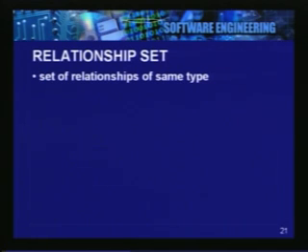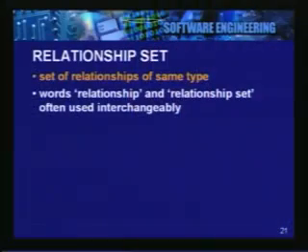Now we are talking about relationship and relationship set, and whenever we generally talk of relationship, we basically imply relationship set, because in modeling we are interested in sets of similar relationships and not specific relationships. Therefore, these two words, relationship and relationship set, are often used interchangeably.